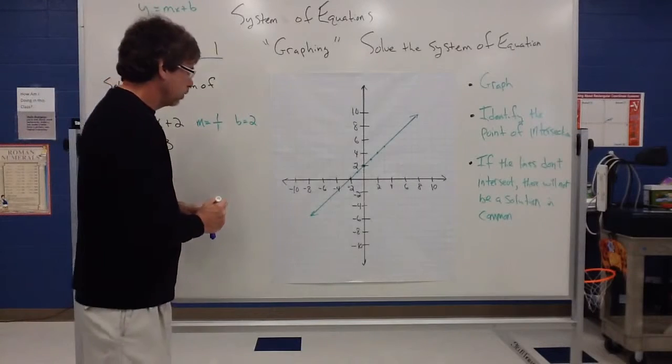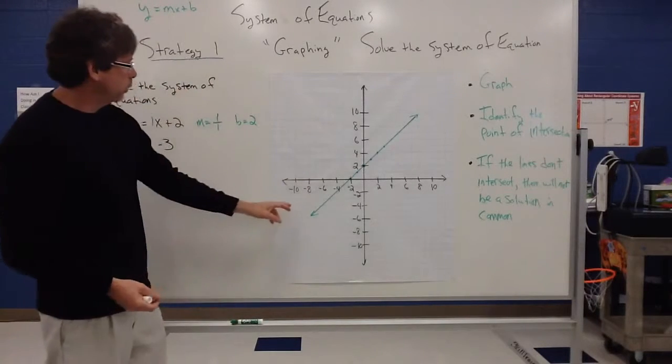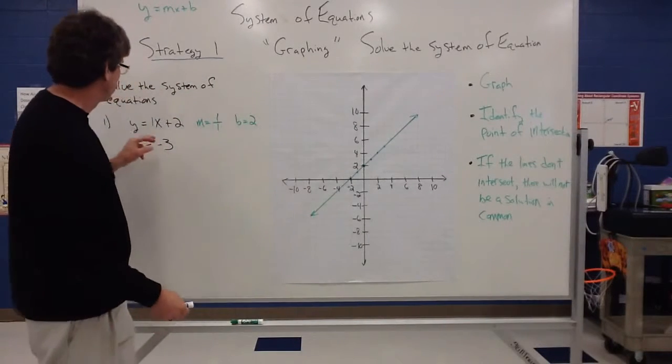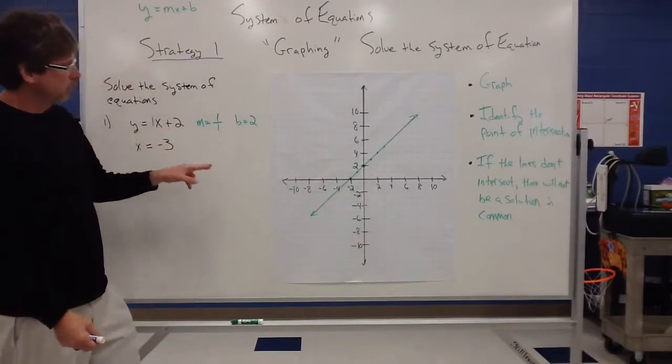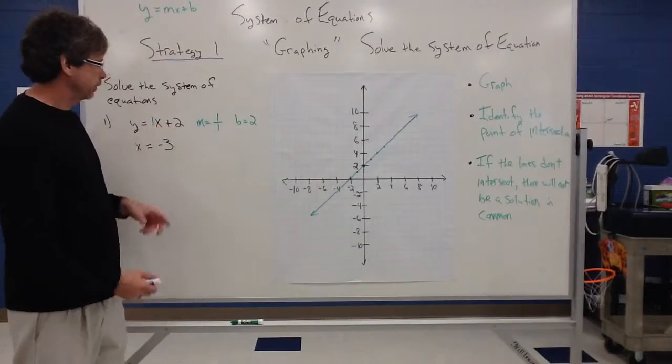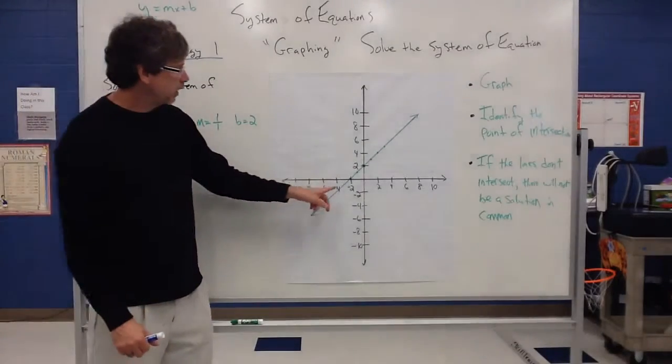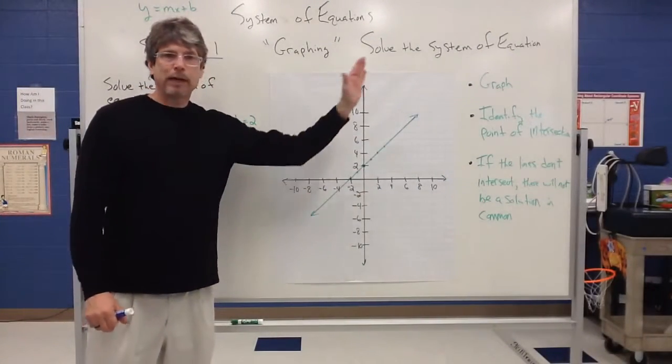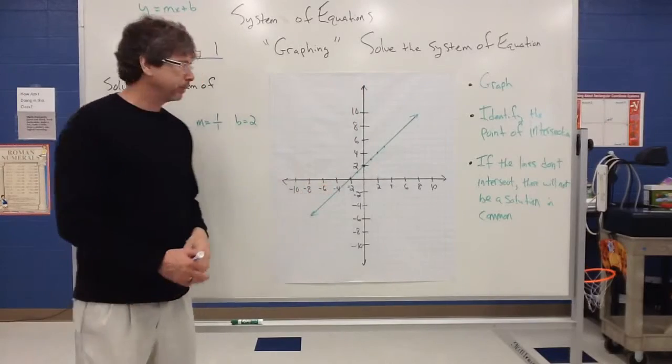This is going to be the line for the first equation, and remember this line represents all the points that satisfy this equation. I've identified a few along the way, but remember there are infinitely many points on that line.